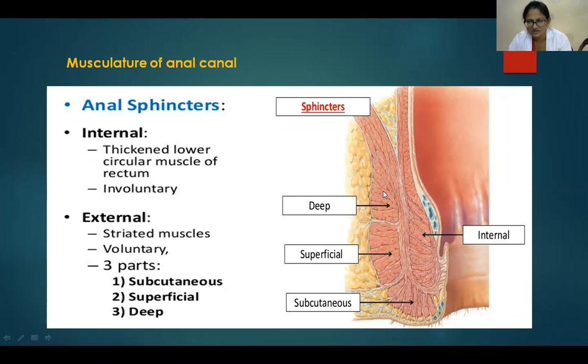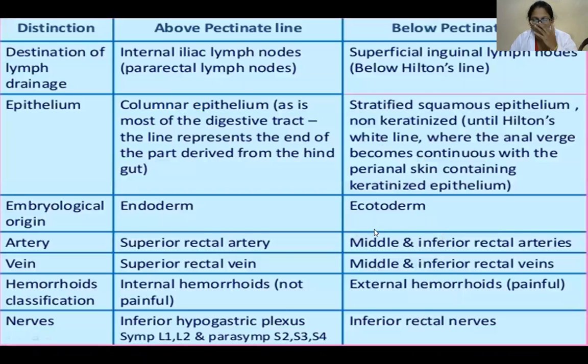That is the musculature of the anal canal: the internal sphincter is involuntary, whereas the external sphincter is voluntary.